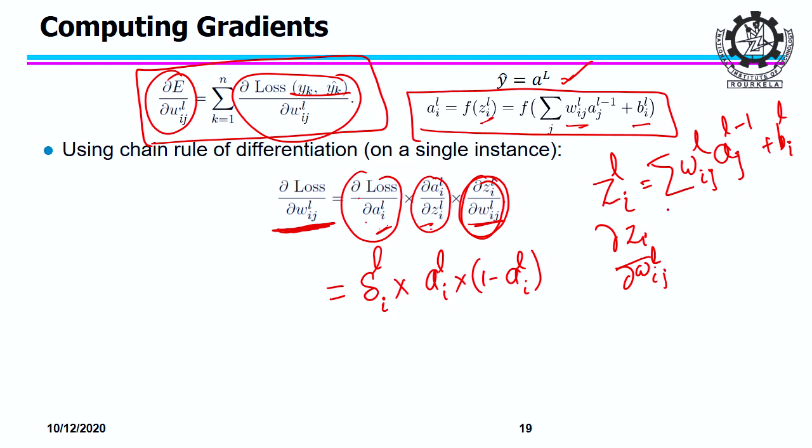You have a summation term here, so W_ij^L, if you change j to 1, 2, 3, whatever, this will also change, while i is fixed. If you take the derivative, all the other terms are constant, so they will be 0. Only this part remains, and taking the derivative with respect to W_ij^L, you get A_j^(L-1), and this part is constant. So directly we can put A_j^(L-1) here.